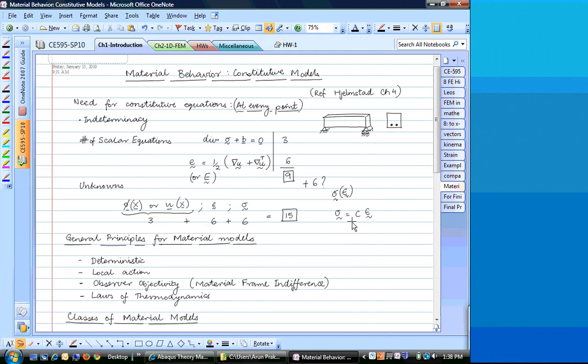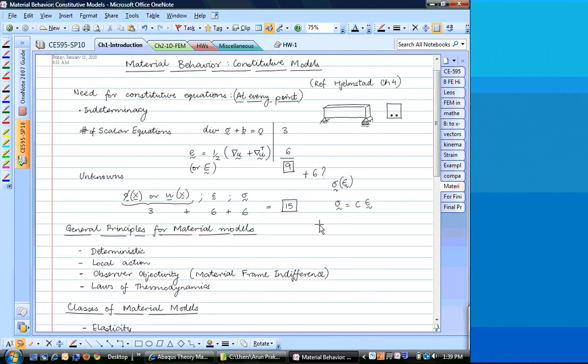So when you go to the lab and you say, okay, I'm going to apply this type of strain and measure what stress I'm getting, then this simple relationship will probably not capture anything, right? So there are different ways of coming up with these material models.